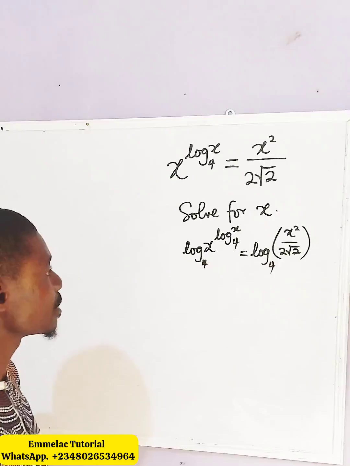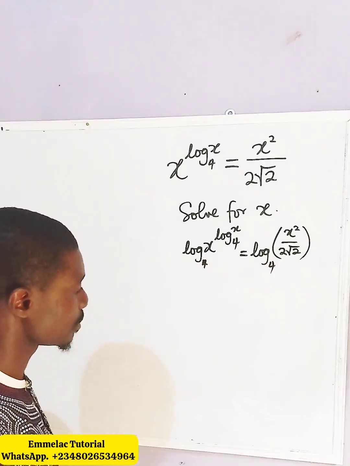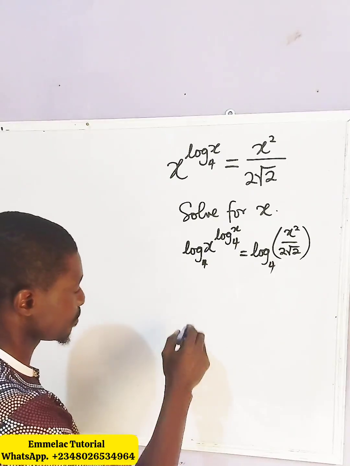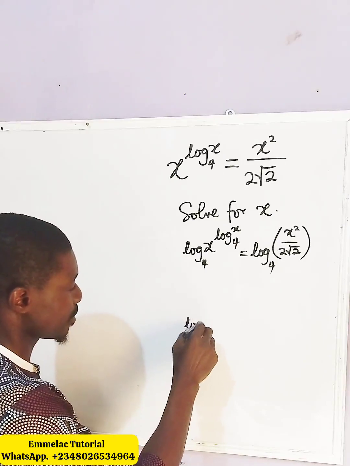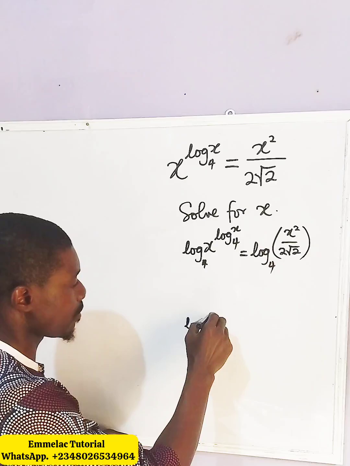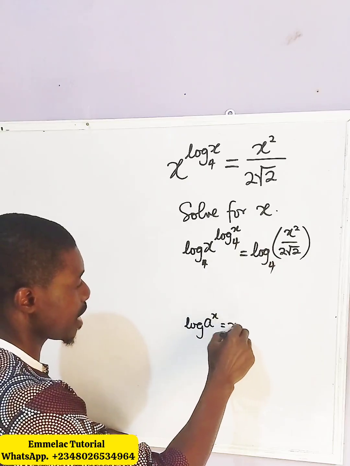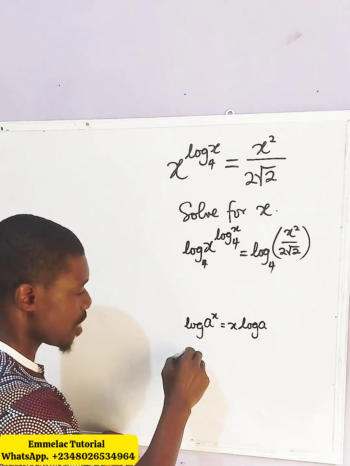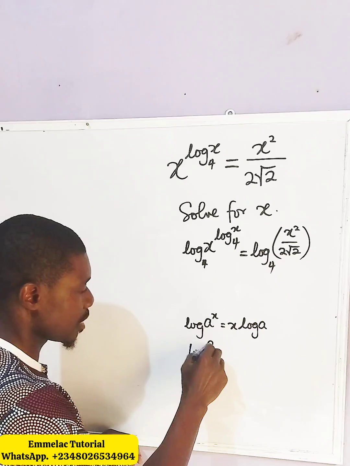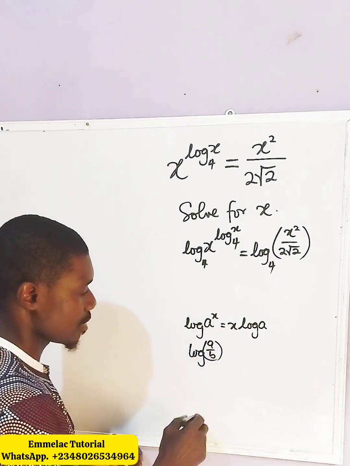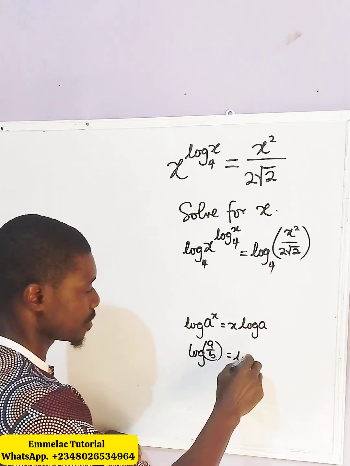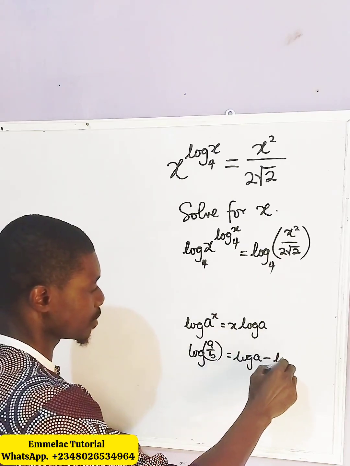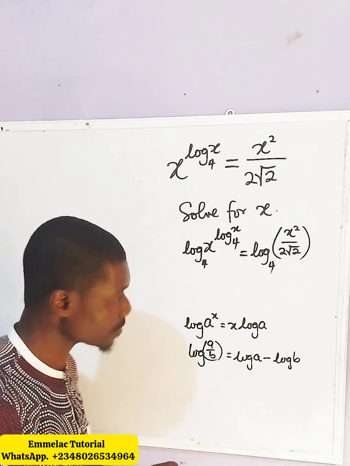Alright, now let us take note that according to the law of logarithm, if we have log a raised to the power of x, this will give us x log a, right? And if we have log of a all over b, this will give us log a minus log b.